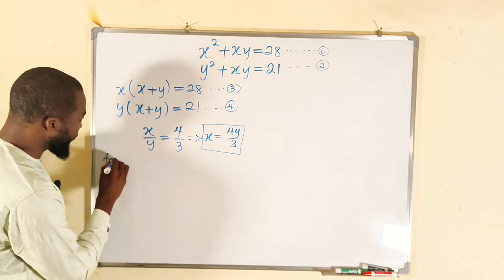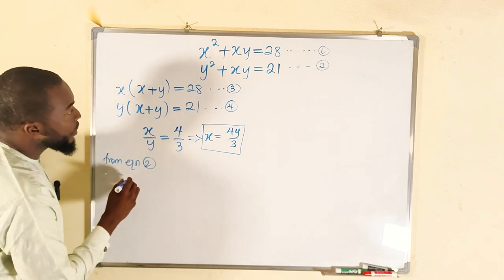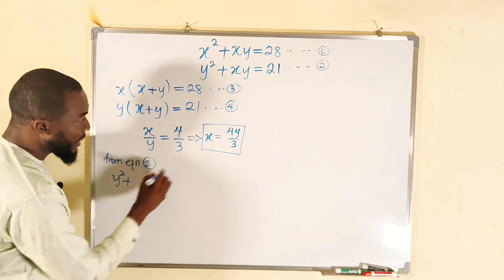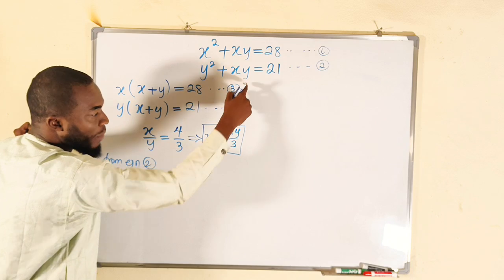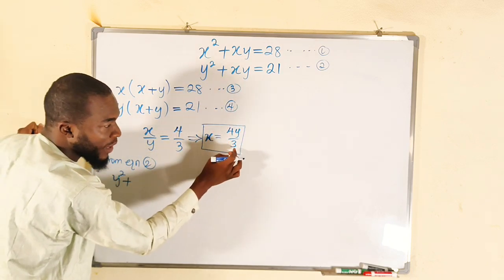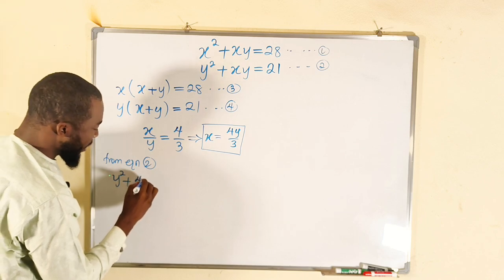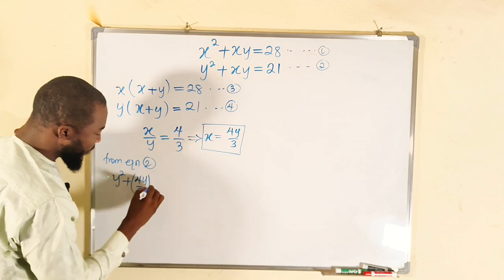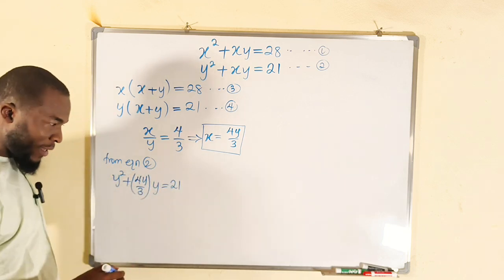So from equation number 2, we have y squared plus x, and x is this, so we take x and multiply by y. It's the same thing as taking 4y divided by 3 multiplied by y. So y squared plus 4y divided by 3, the whole of this multiplied by y, is equal to 21.